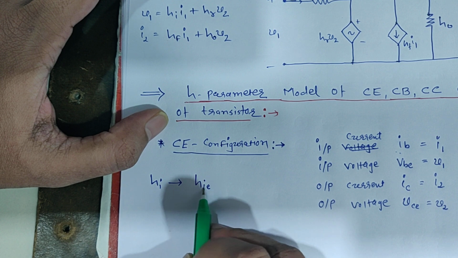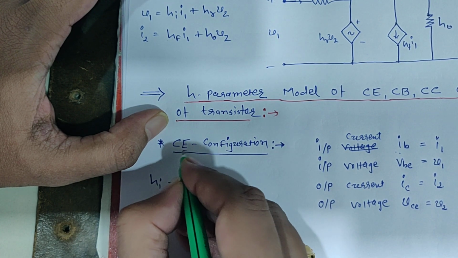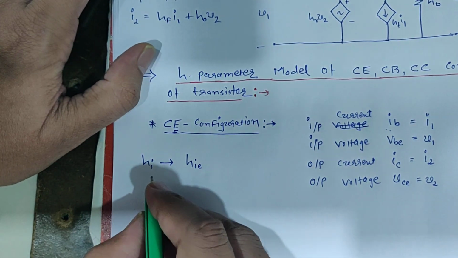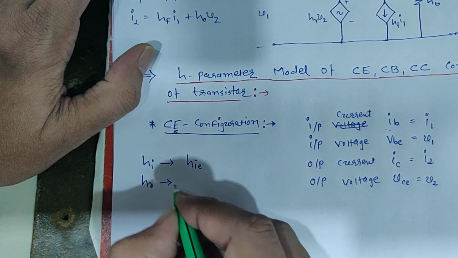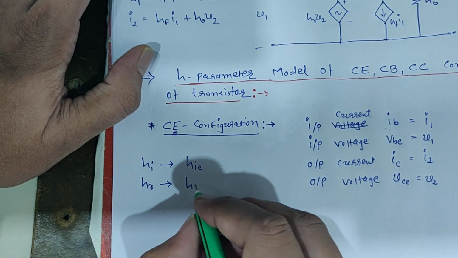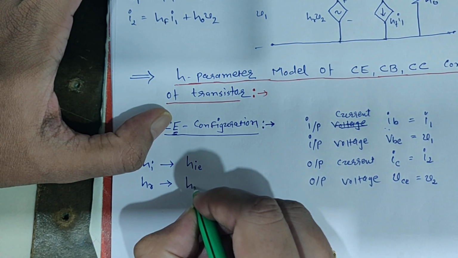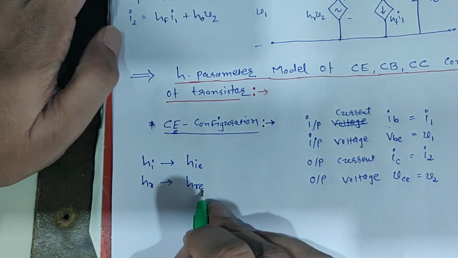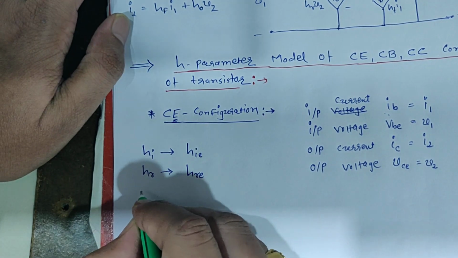I means input impedance, and E indicates it is for common emitter. Similarly we can write HR, the reverse voltage gain. For common emitter configuration it will be written HRE. The E suffix indicates that it is for common emitter configuration.